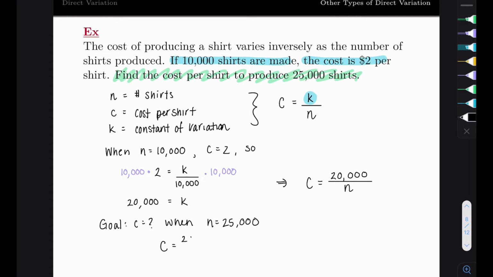C is 20,000 divided by 25,000. And if you plug that into your calculator, you will get 0.8. So for 10,000 shirts, it costs $2 a shirt. For 25,000 shirts, it costs 80 cents per shirt. Okay. And that makes sense. I produced more, so my cost is less.